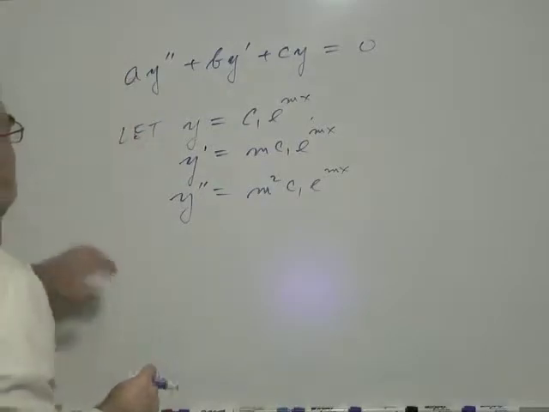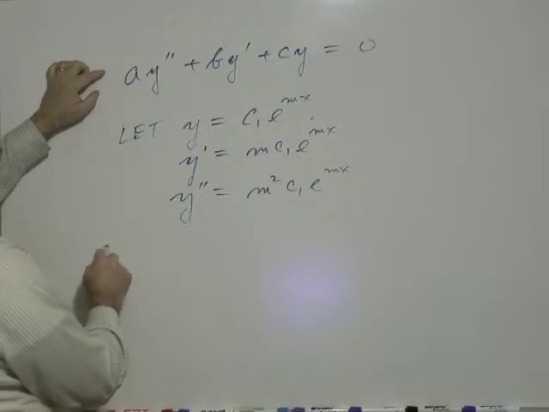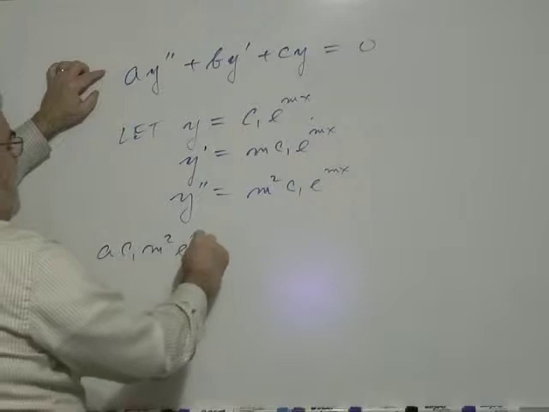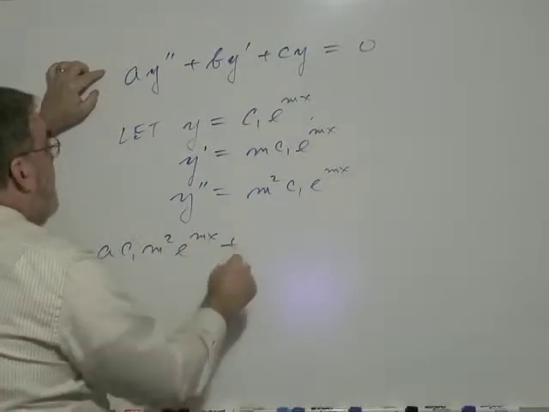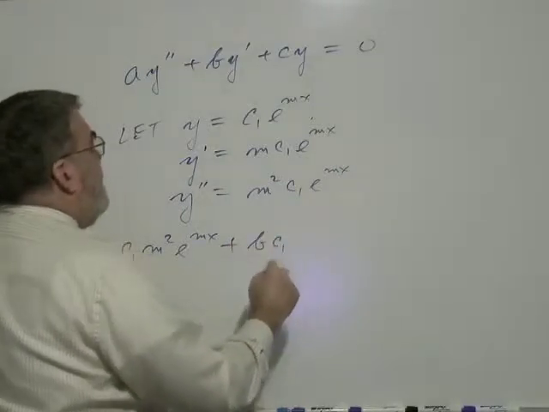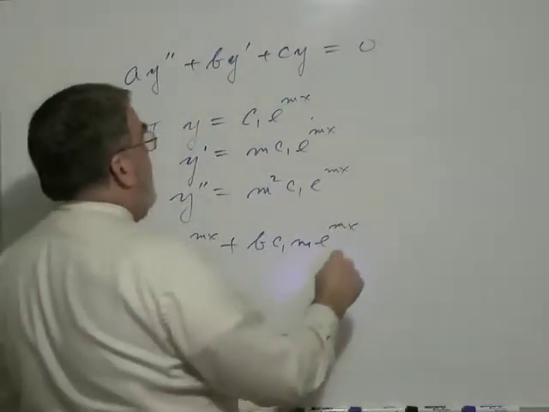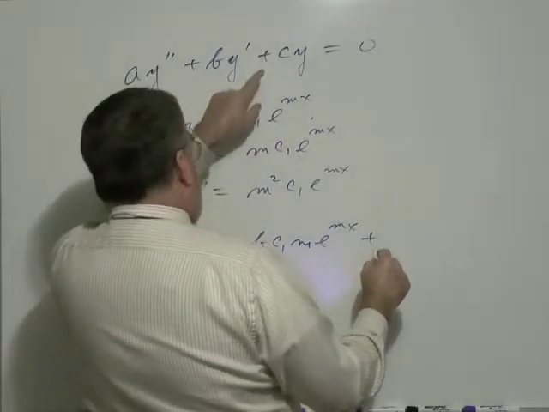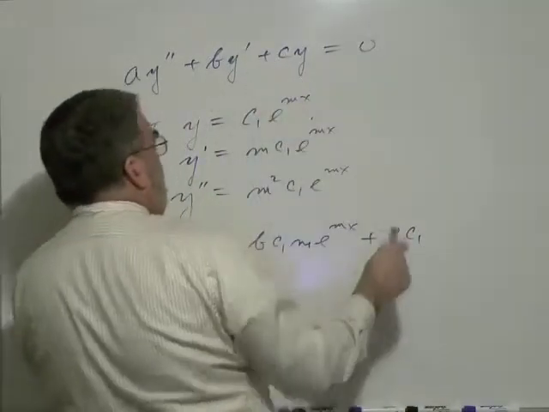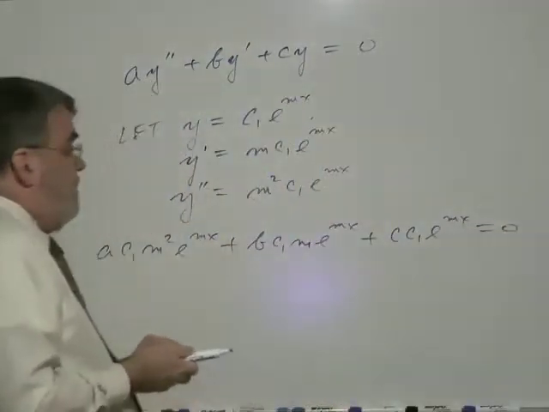So if I plug these into here, I've got a y double prime will be a c1 m squared e to the mx, plus b y prime will be b c1 m e to the mx, and then c times y will be plus c1 times c, so I'll put c1 e to the mx, and equals 0.